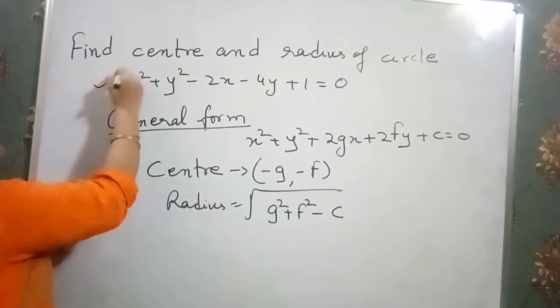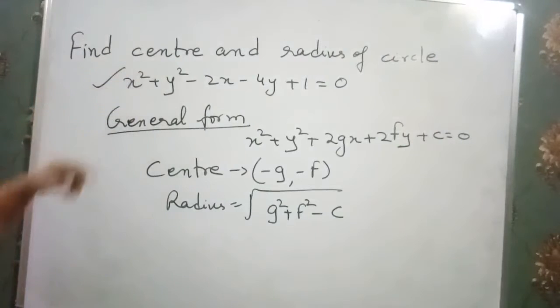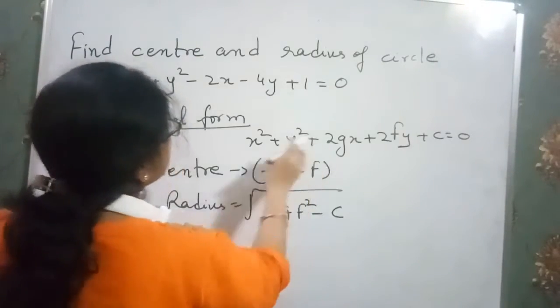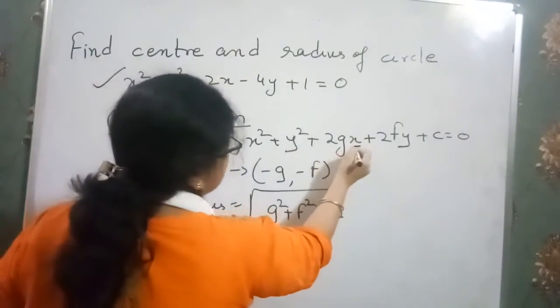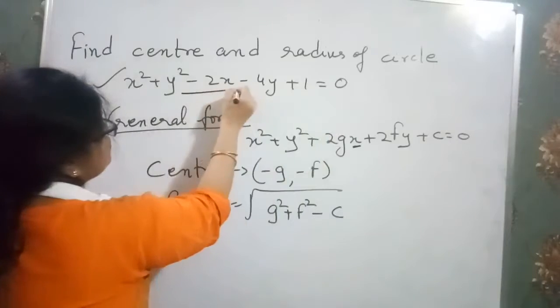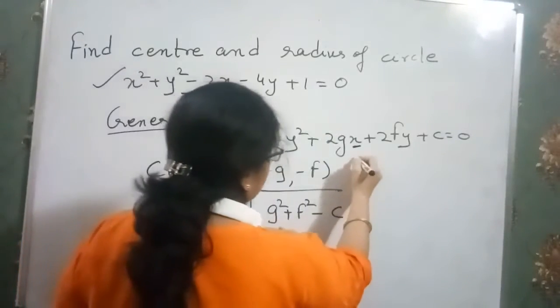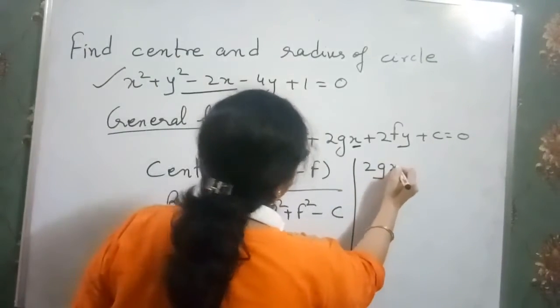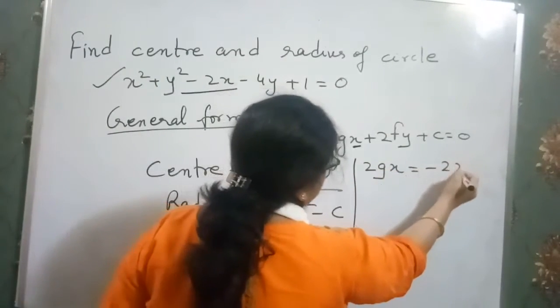So here we have the equation of a circle and we have to find the center and radius of the circle. I am now comparing this equation with our format. We have x variable here, so we have −2x here. So we compare: 2gx = −2x.